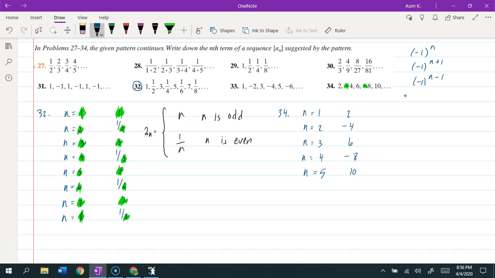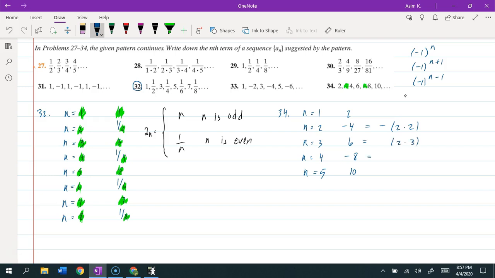Well, I told you before, I'm not going to start with the first term, so let me start with the second term. I could say that negative 4 is the same thing as negative 2 times 2. I could say that 6 is the same thing as 2 times 3.